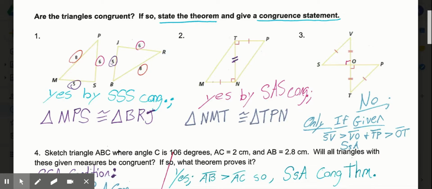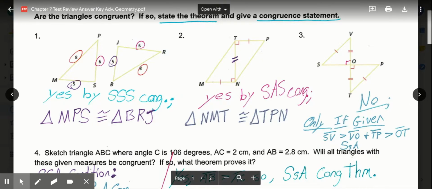And in our final problem in this section, problem number 3, what we were given was the vertical angles here at O. So we know those are congruent. And then we were also given these two different sides.